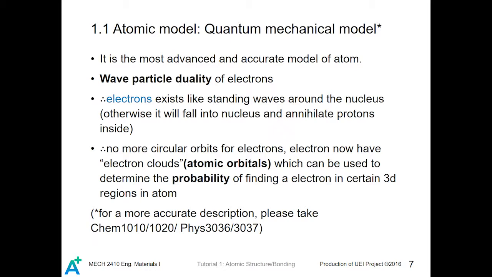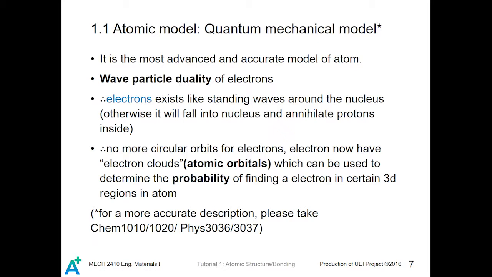Electrons exist like standing waves around the nucleus, and otherwise, if we use classical mechanics, electrons will fall into the nucleus and annihilate protons inside, and basically atoms cannot be formed. And due to using such wave properties of electrons, we cannot consider circular orbits, and there are no more circular orbits for electrons. And electrons now have electron clouds, which is a metaphor.